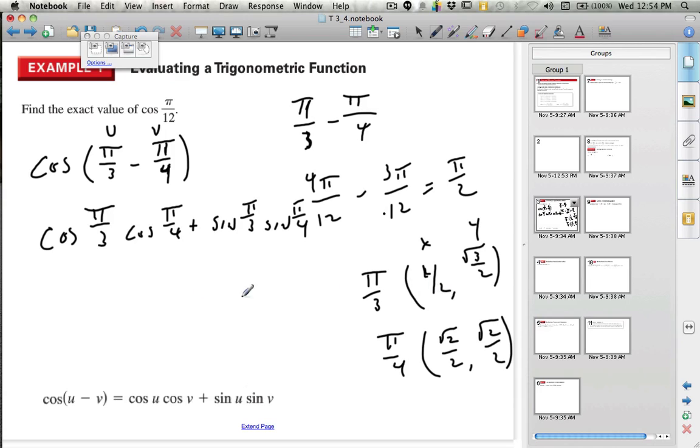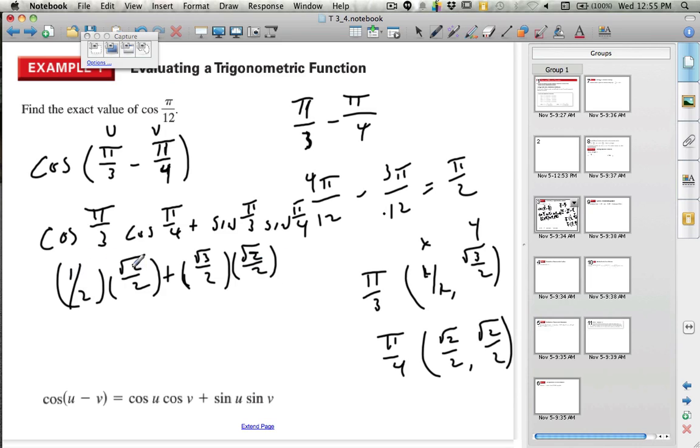So we know what these items are. The cosine of pi over 3 is 1/2. The cosine of pi over 4 is radical 2 over 2. The sine of pi over 3 is radical 3 over 2. And the sine of pi over 4 is radical 2 over 2.